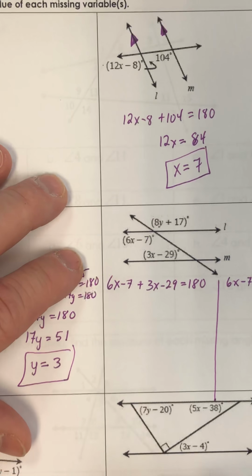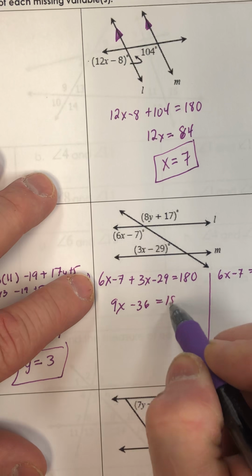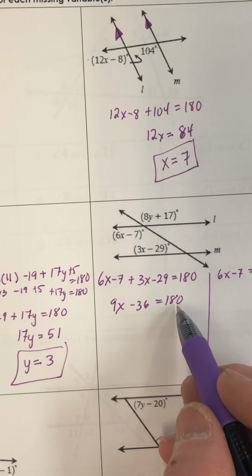Okay? So let's go ahead and solve for x over here. So I'm adding my x's. That would be 9x. Negative 7 and negative 29, that's negative 36 equals 180. So now let's see, add 36, so 9x would be 216.